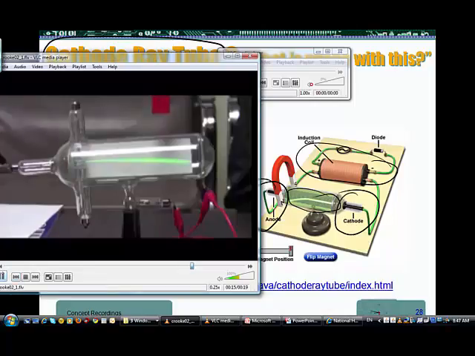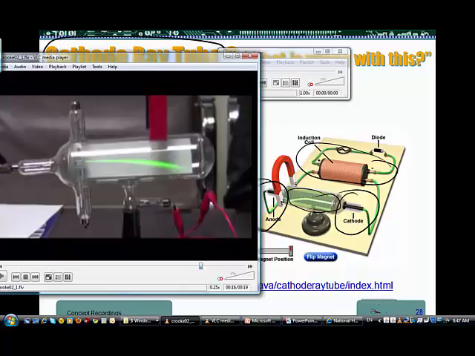This is another video showing the same thing. I have it in slow motion. Here you notice the North Pole, represented in red in this case, and we have the same thing: the cathode, where the electrons originate, is on the left side, the anode is on the right side.